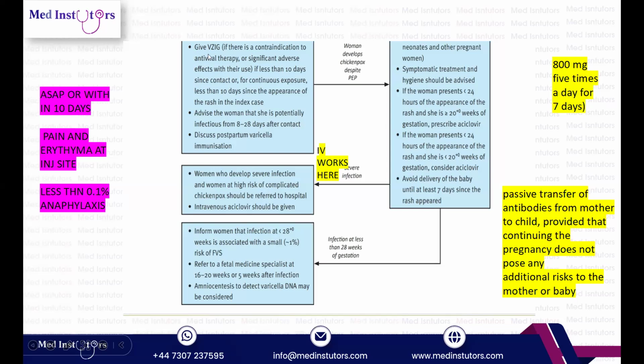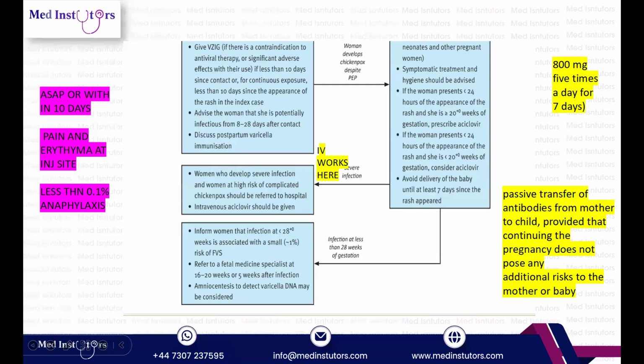We inject them in order to prevent the infection in these people. But it should be given as soon as possible or at least within 10 days. So that is important, right? We should not wait for at least 7 days, but we have to give it either as soon as possible or maximum within 10 days. That is it.